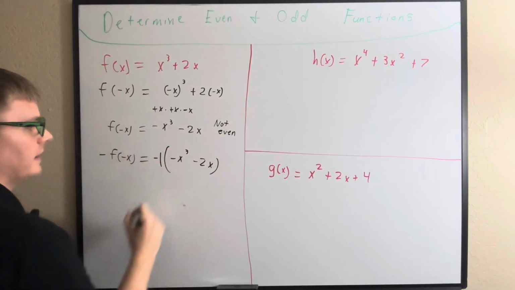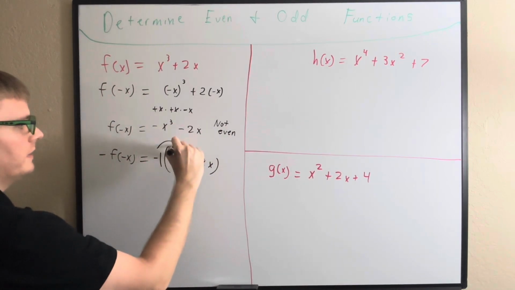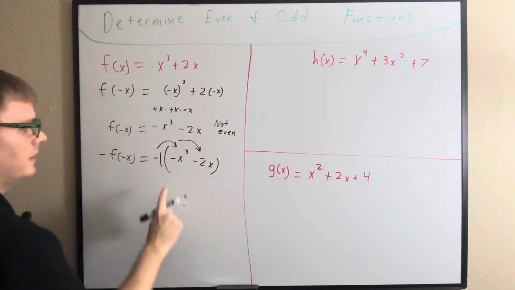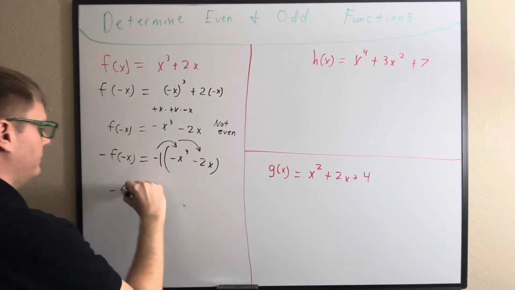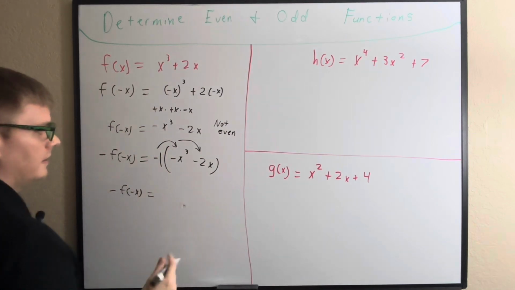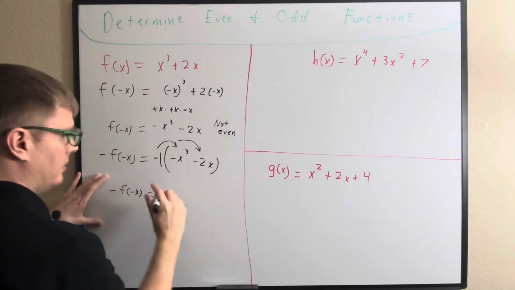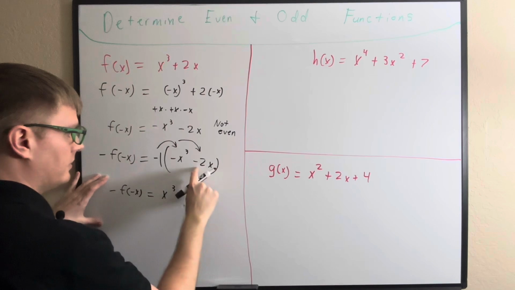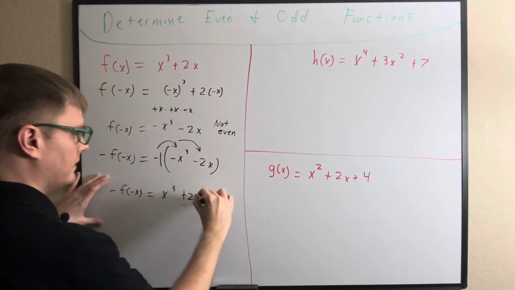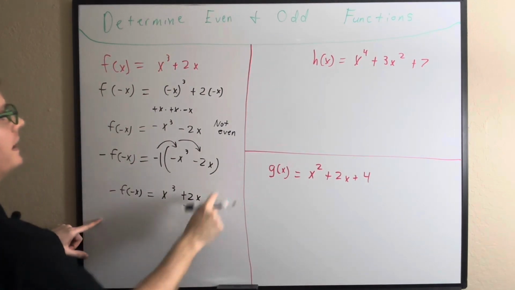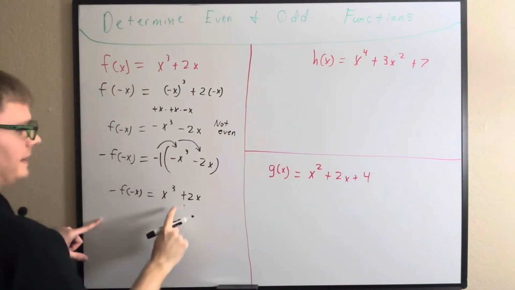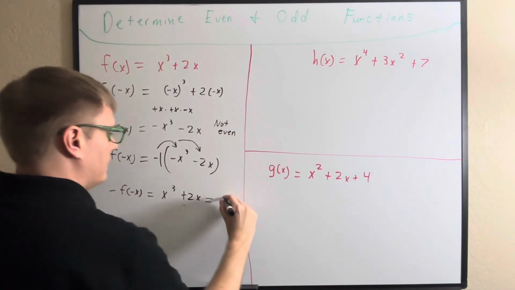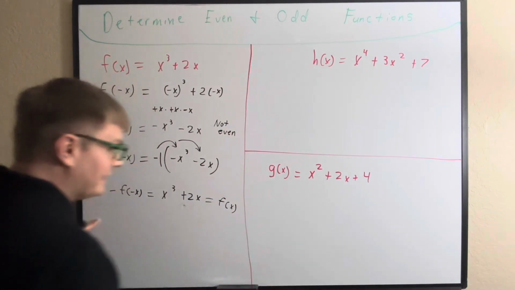So you distribute that negative 1, there's an understood 1 there, and it changes the signs. So negative f of negative x equals x cubed plus 2x. Now, is that the same as our original function? Yes, it is. So what does that mean?